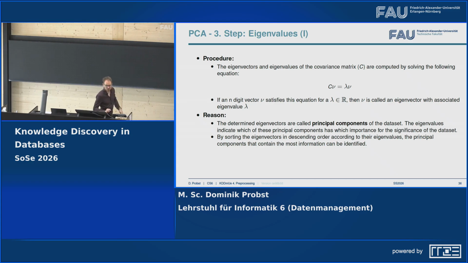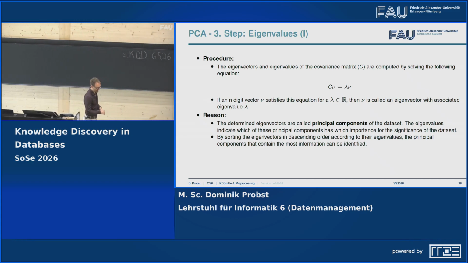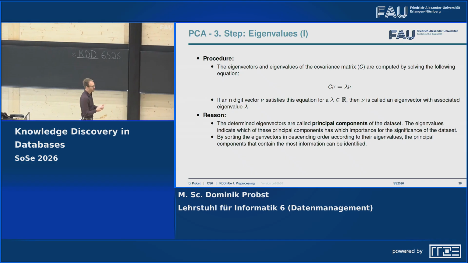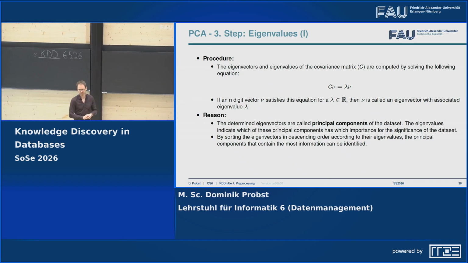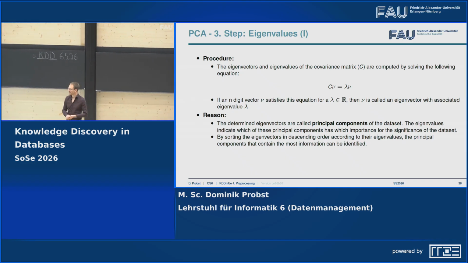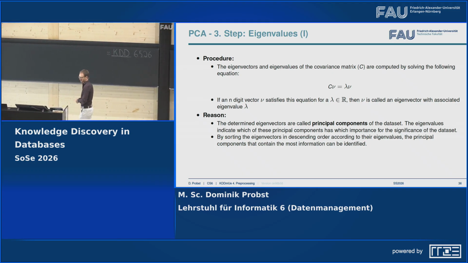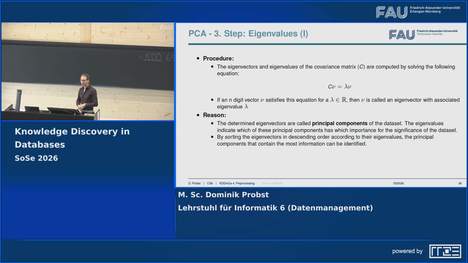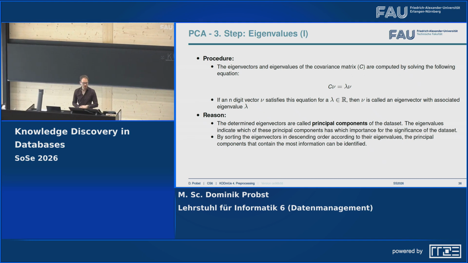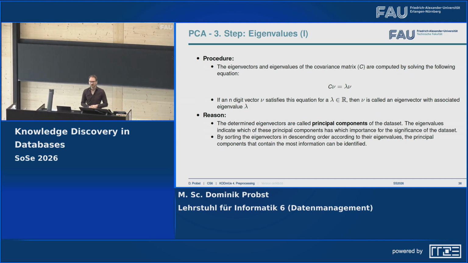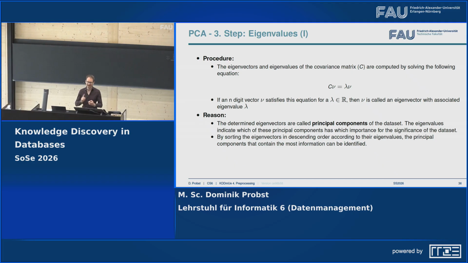That's even more true for the next step, the eigenvalues and eigenvectors computation. Because after you have computed the covariance matrix, you're using that matrix to get two different things, the eigenvalues and the eigenvectors of the covariance matrix.